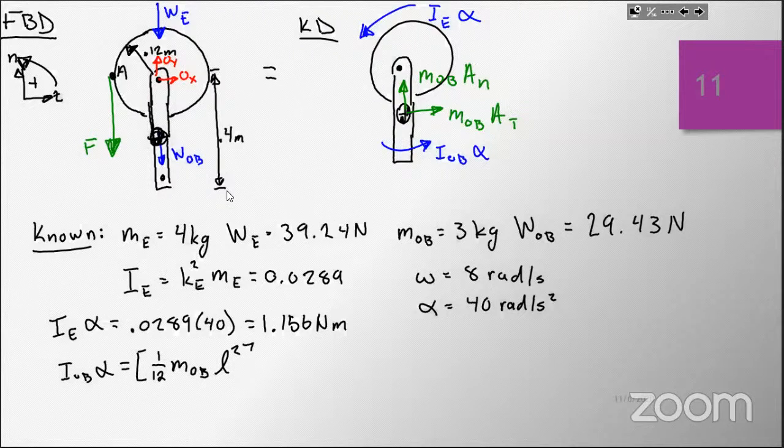That's from a lookup table, right? You would look up the mass moment of inertia of a bar, times alpha. So this is 1/12 times 3 times 0.4 squared times 40, which is going to give me 1.6 newton meters.